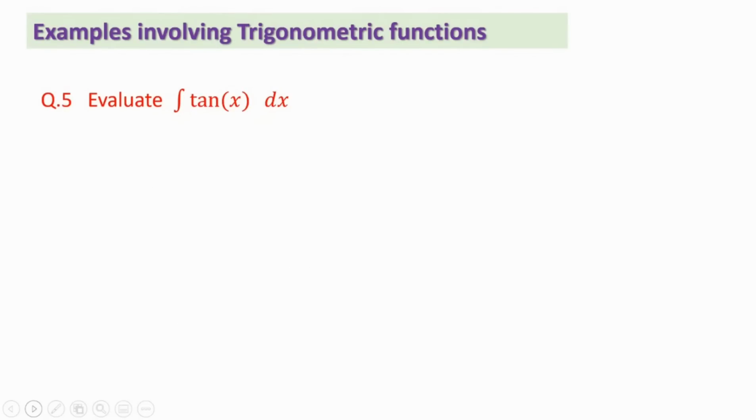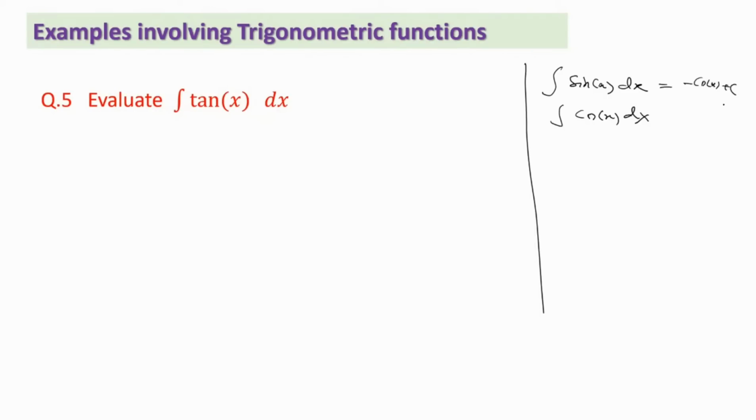Now here we have one important question. From the antiderivative table you know the integration of sine x dx and integration of cosine x dx. But what about the other trigonometric functions? The integral of sine x is minus cosine x plus c, and the integral of cosine x is sine x plus c.